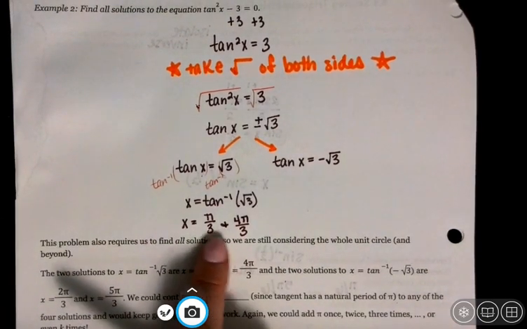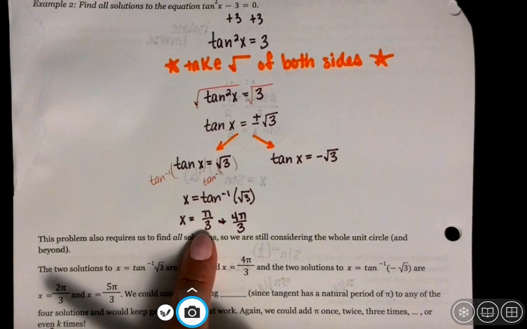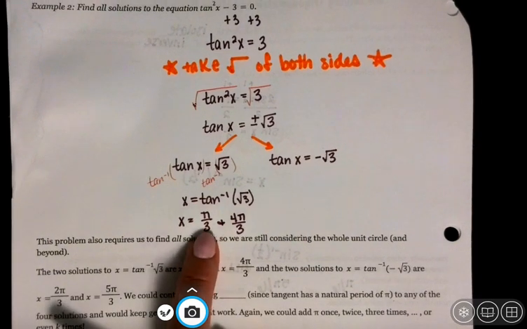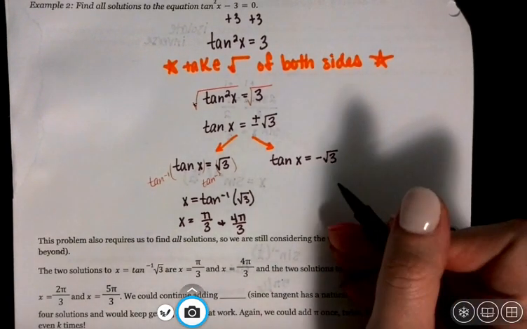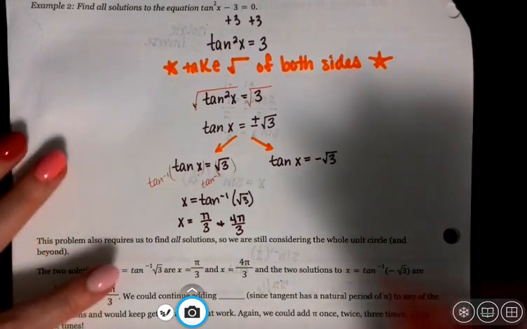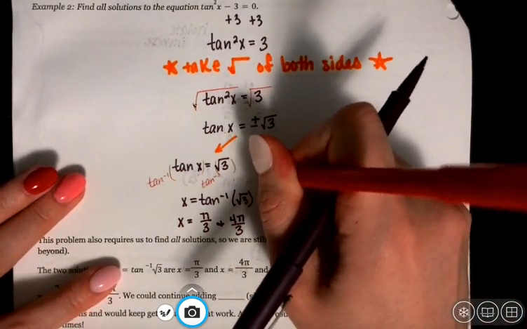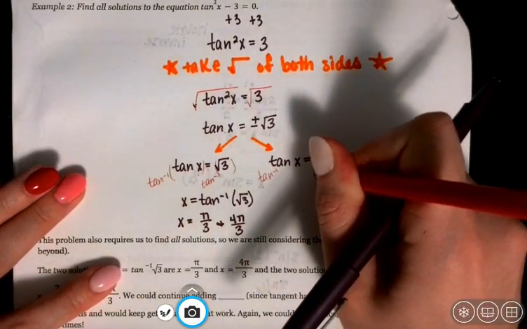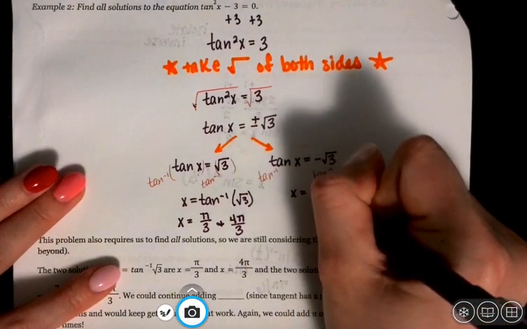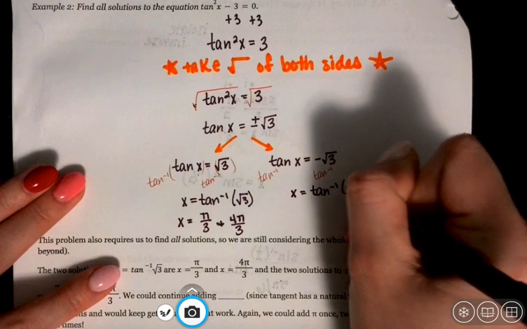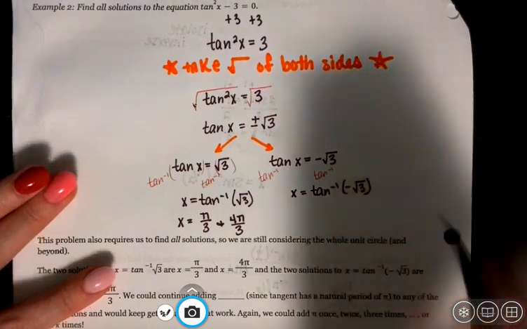I'm not done with those yet because we want to include all the solutions, so we do have to add something onto each of those. But for now, I want to finish solving this one. So for this, I take arctangent of both sides. I'm going to write it again. So arctangent of the left, arctangent of the right. So I have x equals arctangent of negative square root of 3.